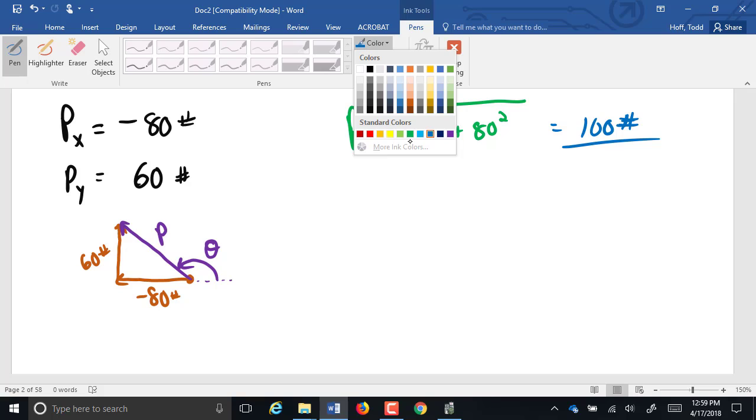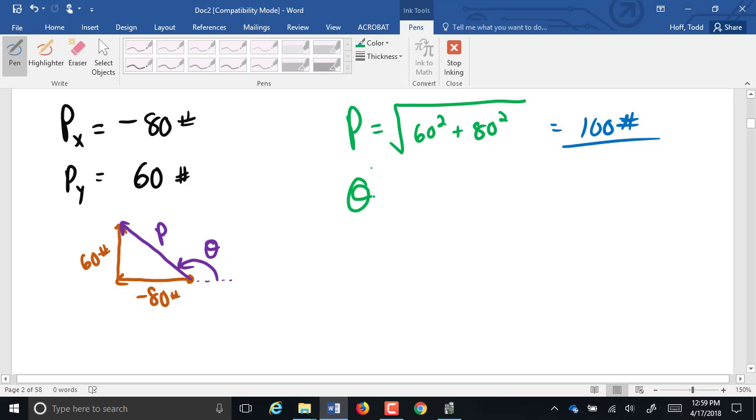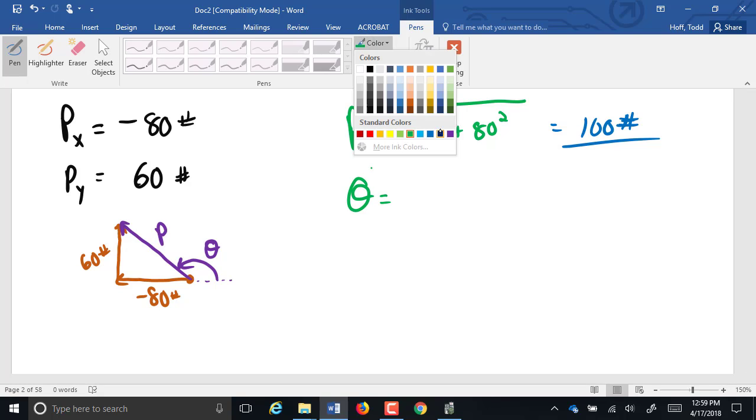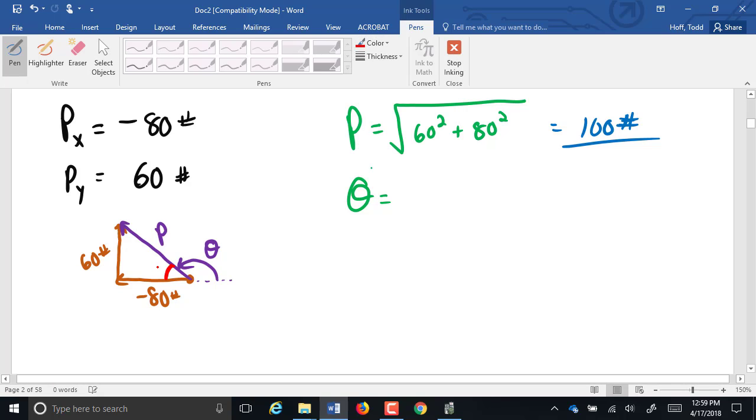Theta is going to require a bit more work. If we come down here, we can find this angle right here. I'm going to call that angle A. How would I find angle A? Well, we have the opposite and the adjacent, right? Tangent of A is equal to the opposite, 60, over, now again, I'm going to put in just the 80, not negative 80.